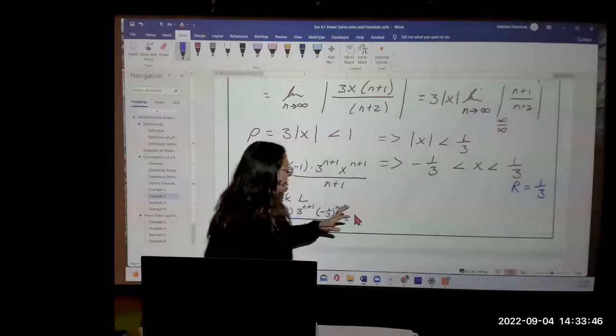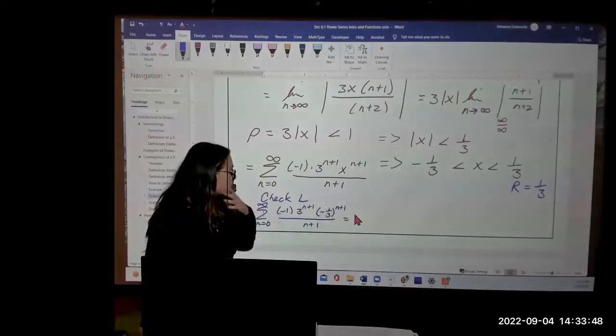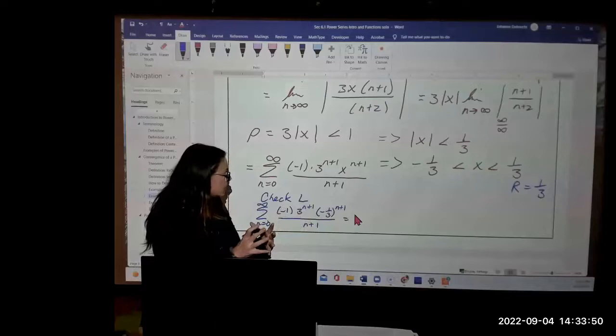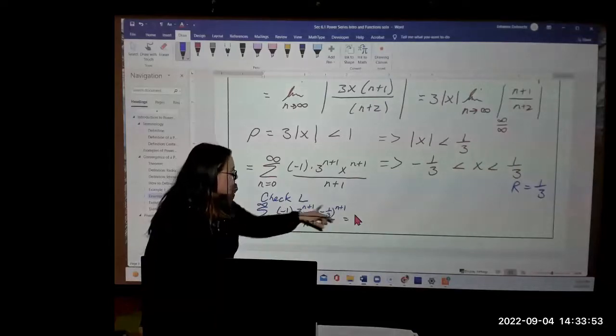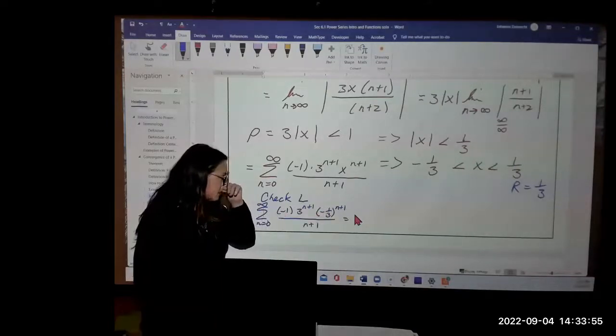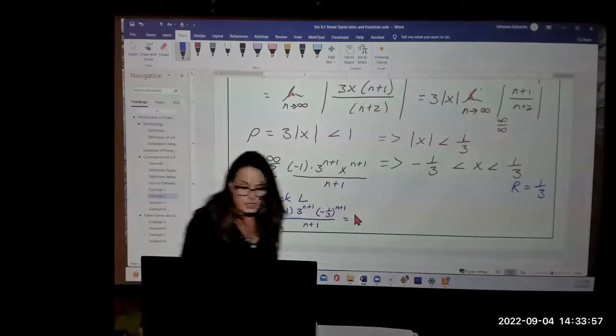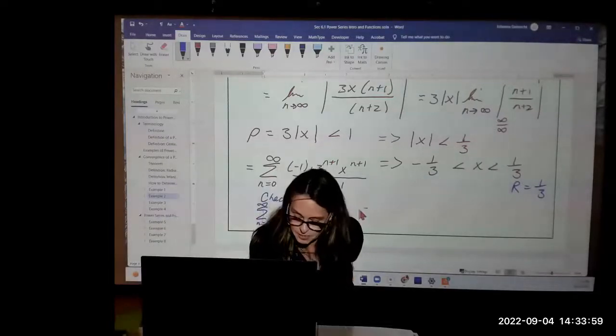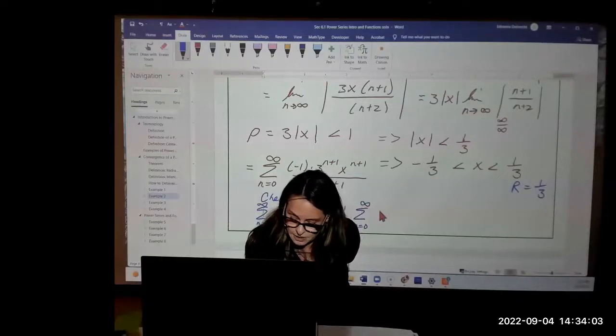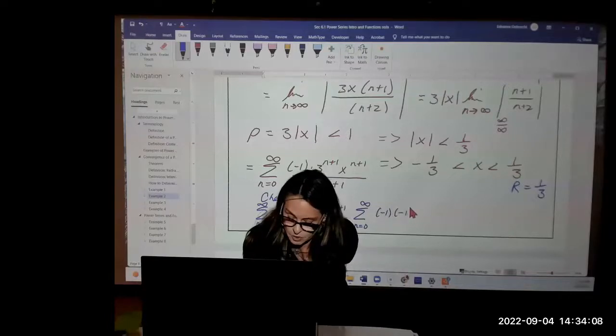I've got 2 things raised to the n plus 1 power, so I could put those 2 together, and that would give me 3 times -1/3, which would give me a -1 to the n plus 1. So this would give me the sum from n equals 0 to infinity of -1 times (-1) to the n plus 1 over n plus 1.